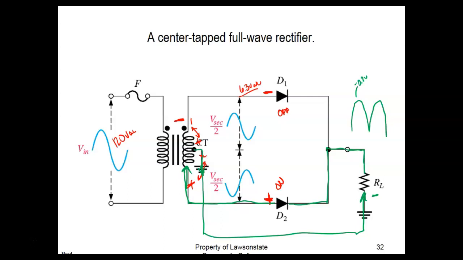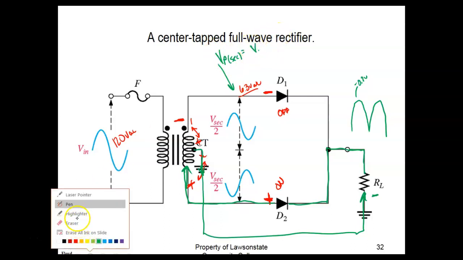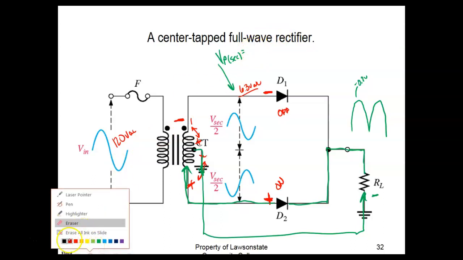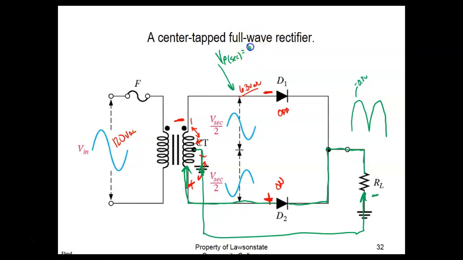Now our output voltage, first of all, we'd figure out V peak here, or V peak secondary, I think it's what we actually call it, would be equal to 6.3 divided by 0.707.